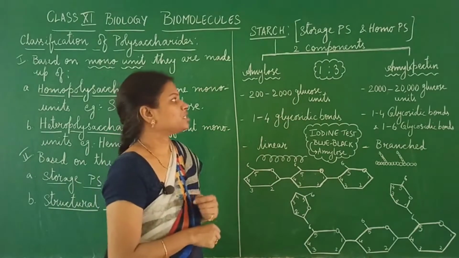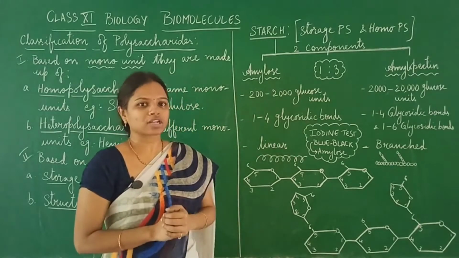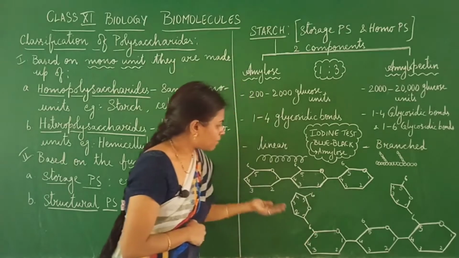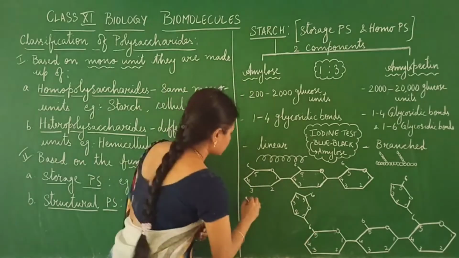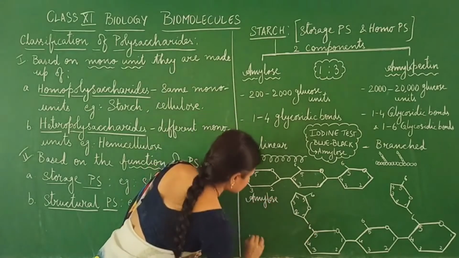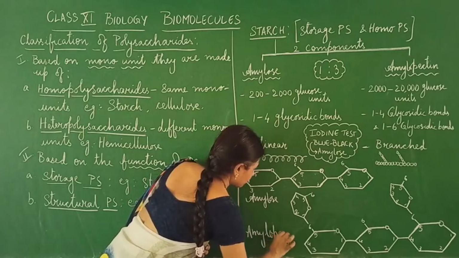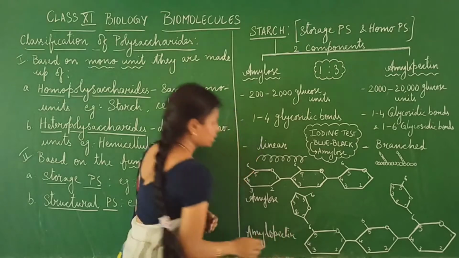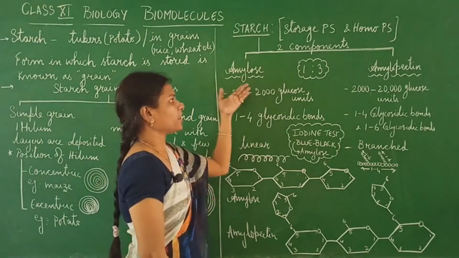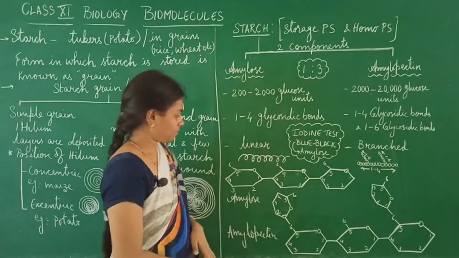The major difference between amylose and amylopectin can be seen in their structure. So, this is amylose and this is amylopectin. We can find out the difference by knowing their structure in detail.